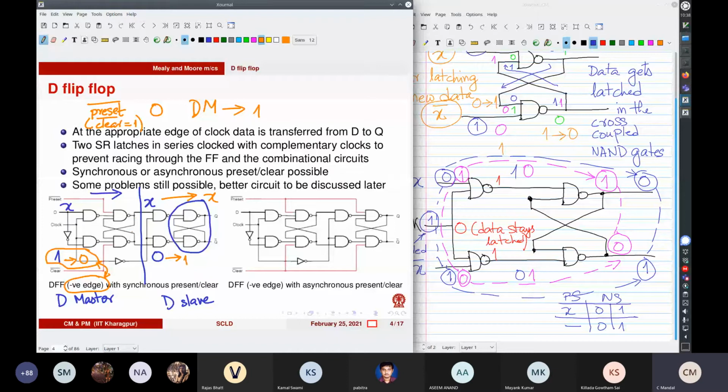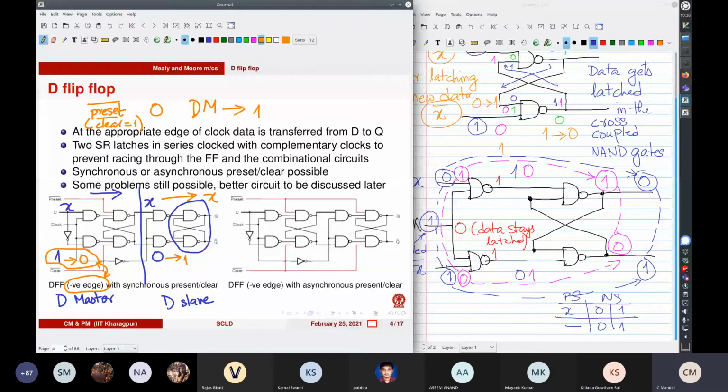You'd expect, when this is forced to 1, you have a 1 here, and if your clock is 0, then what you find is that this is 1, so 1 and 1, the output is 0.